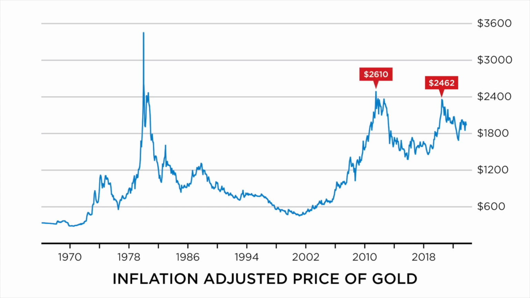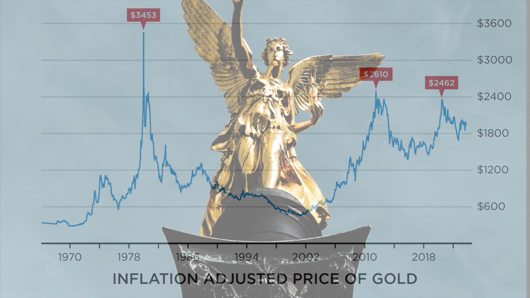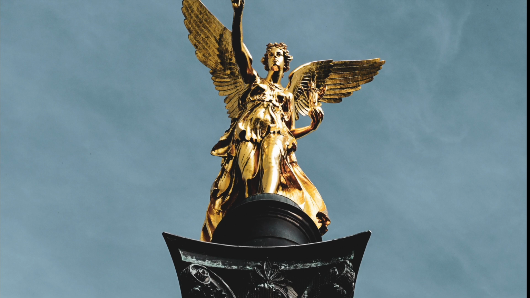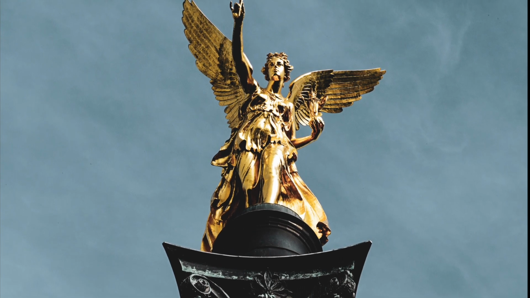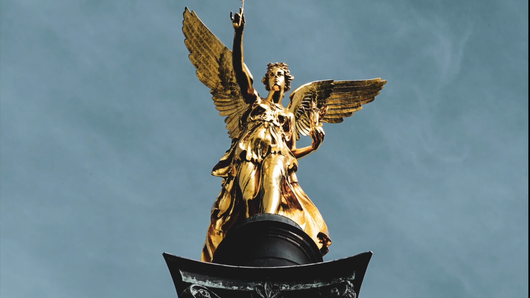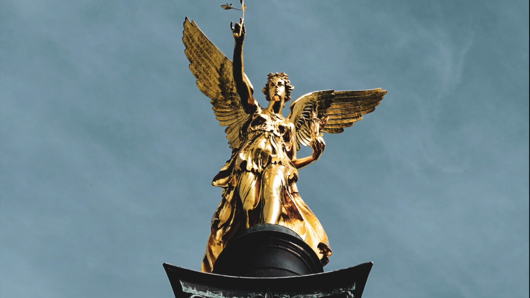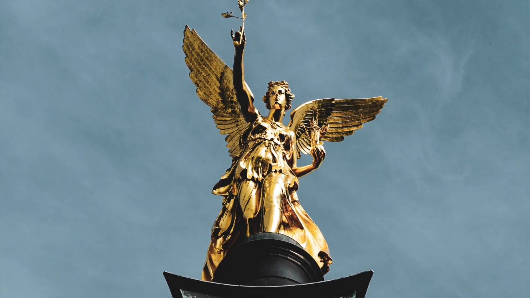During the 2011 peak, it was $2,610 per ounce, and during the 1980 peak, it was no less than $3,453 per ounce. As we've explained earlier, the price of gold can easily retrace any of these highs, because in real terms it has already been there before.